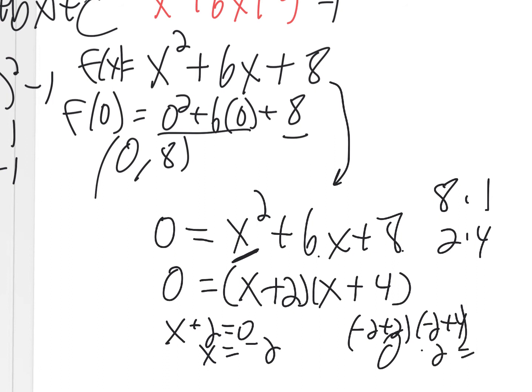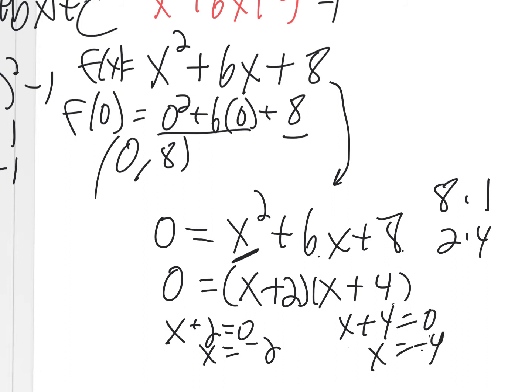That's that zero product property you might have heard about at some point in time. So x equals negative 2 is a 0. The other 0 is where x plus 4 equals 0. Well, that's at x equals negative 4. So we know we've got the two x-intercepts, negative 2, 0, and negative 4, 0. Of course, we saw that on the graph, but that's just how you do it algebraically. That's one way to do it.